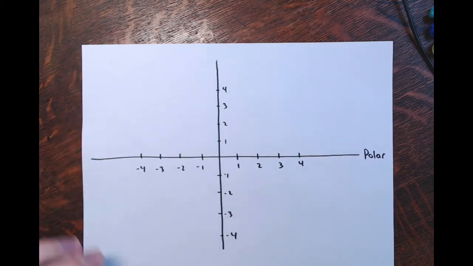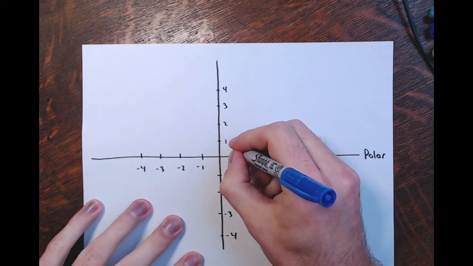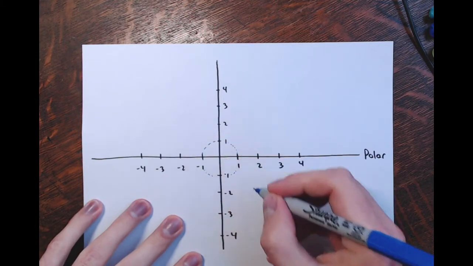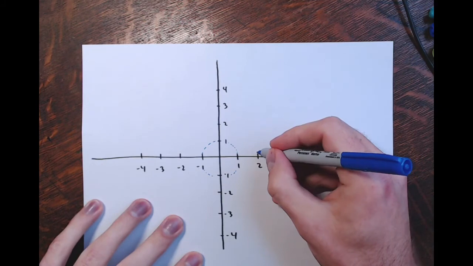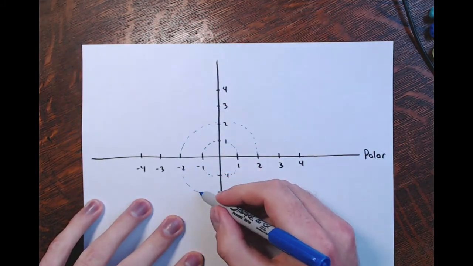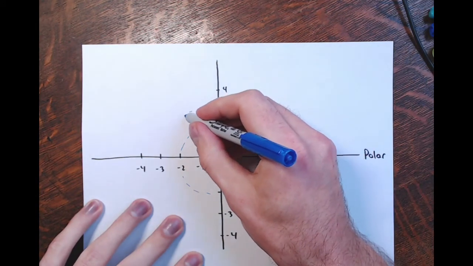And remember how we're traveling on the polar grid. When you give a location in r and theta, you're traveling on circles that are centered at the origin. You're not traveling on rectangles. So there's a circle of radius 1, here's a circle of radius 2, a circle of radius 3, and so on.